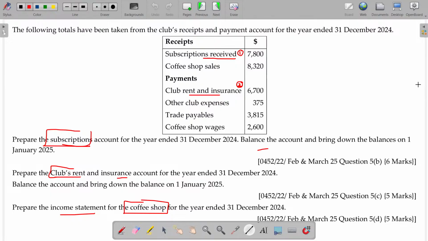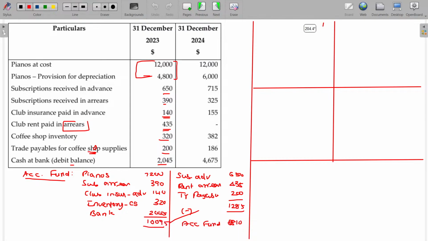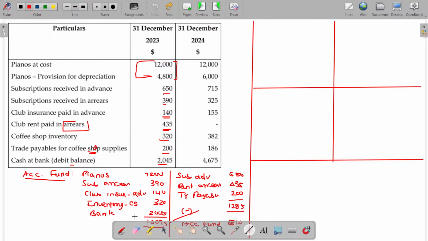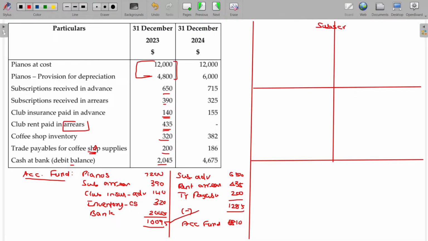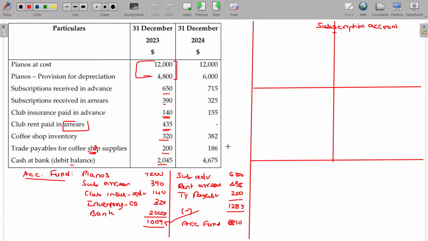Subscription, rent and insurance, and income statement of coffee shop. Subscription account, and the next one being club rent and insurance account.